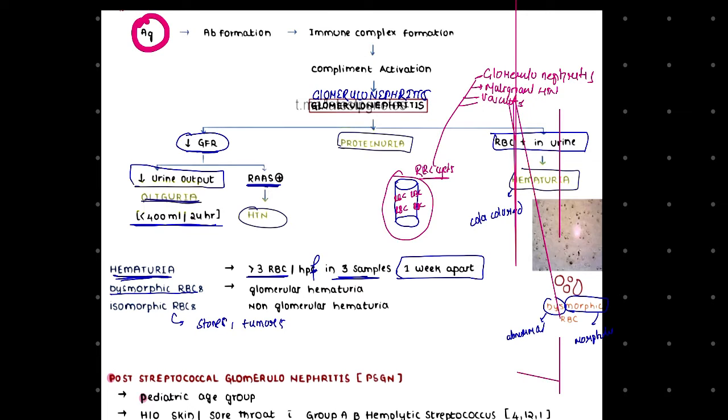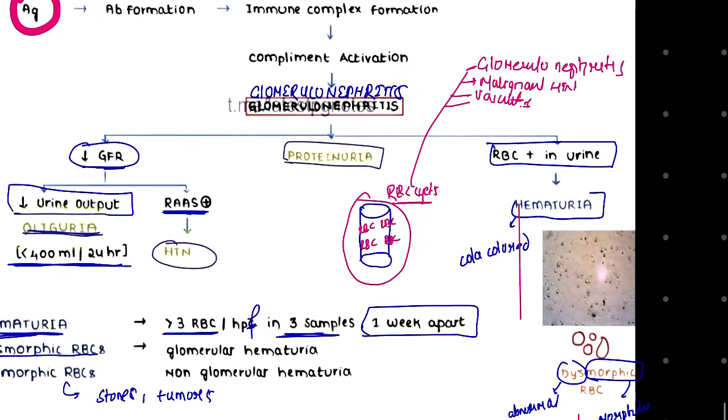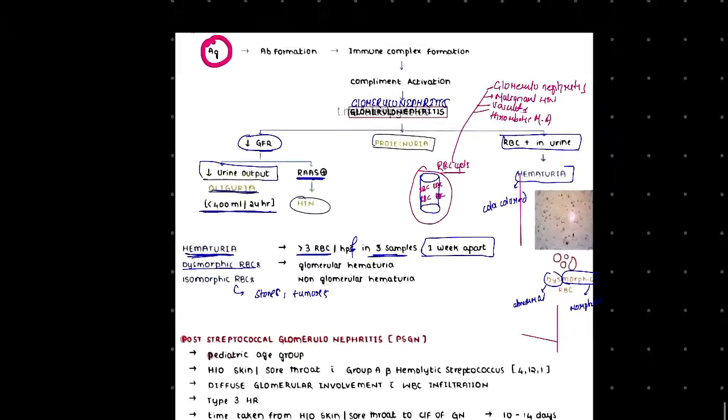Similarly, it will be found in the case of thrombotic microangiopathy. So RBC casts are not found just in glomerulonephritis. They are also found in other three conditions: malignant hypertension, vasculitis, and thrombotic microangiopathy. So this is important to know.